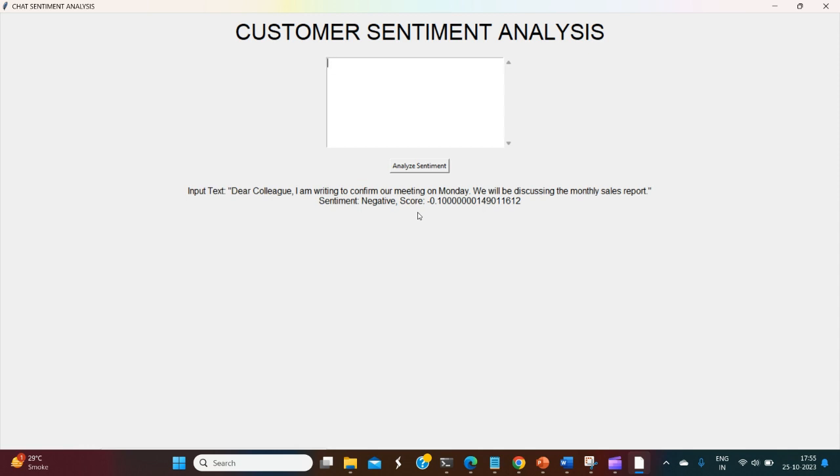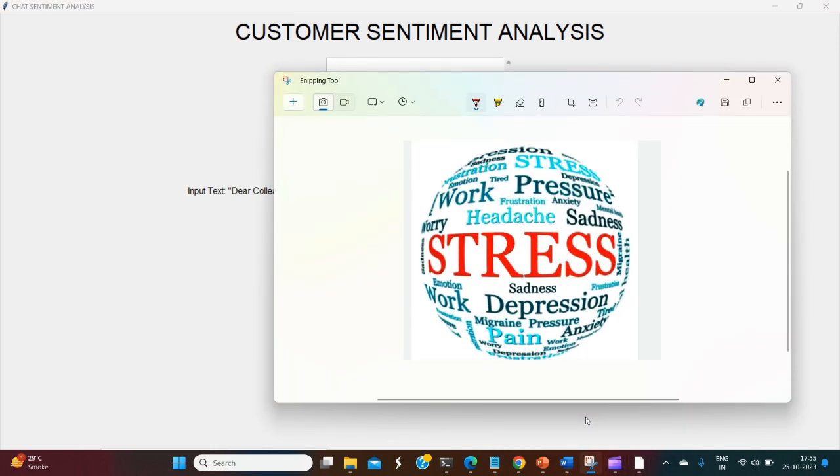Sentiment analysis is a complex field, and results can sometimes be unexpected due to the context of language. In this case, the email is intended to be neutral. However, words like discussing and the monthly sales report might be associated with stress and work pressure.